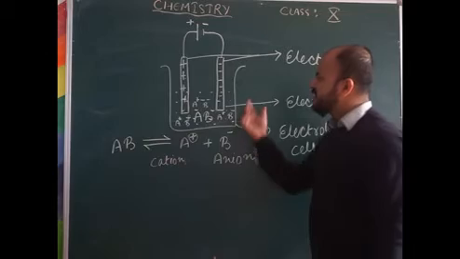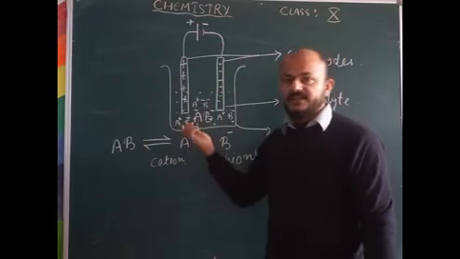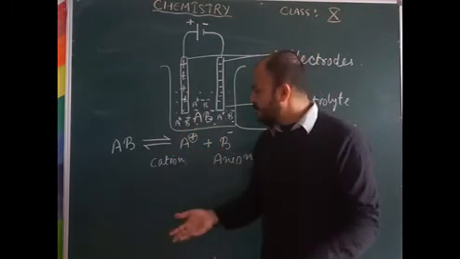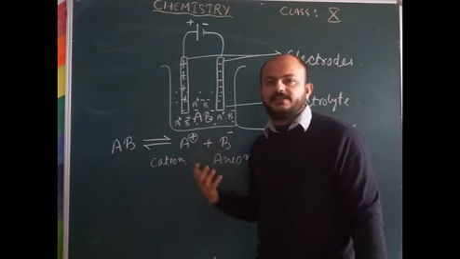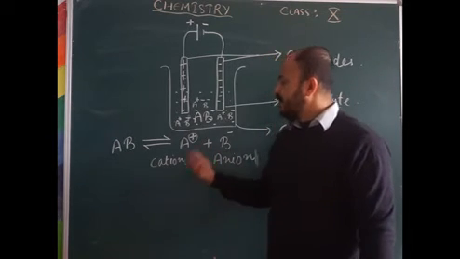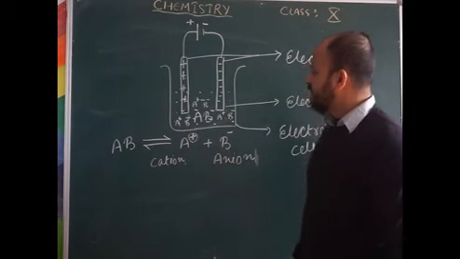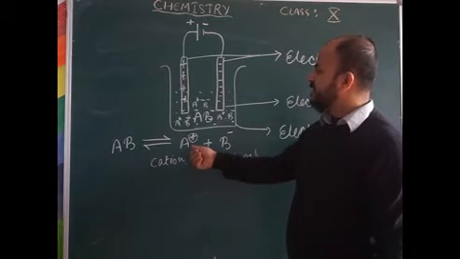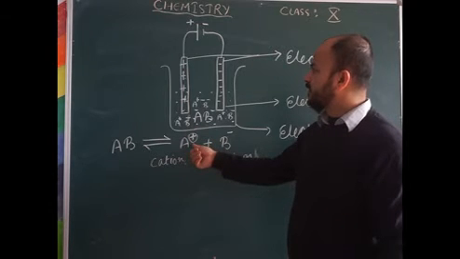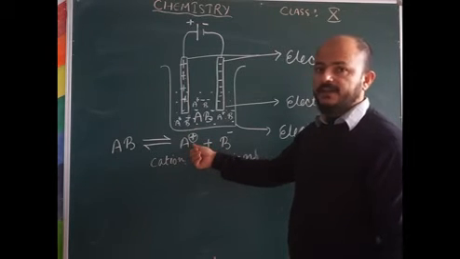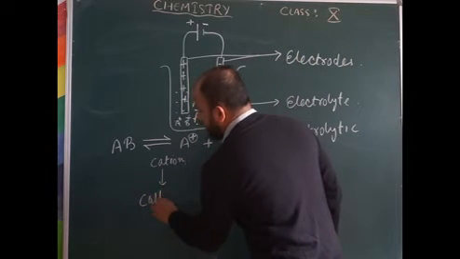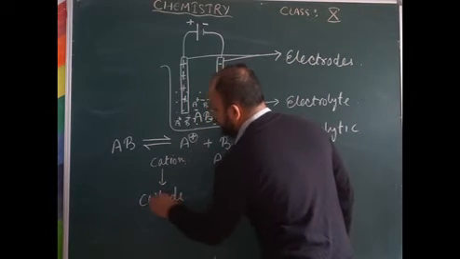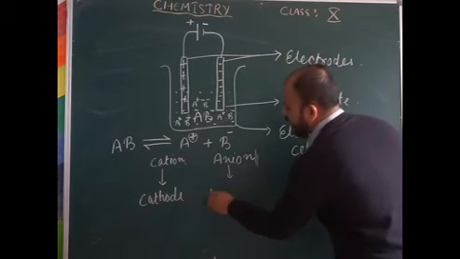So this entire solution, once electric current is passed, gets separated into ions, and you will be having positively charged ions and negatively charged ions. Here it's very simple to understand that cations will be going to the cathode, and anions will be going to the anode.